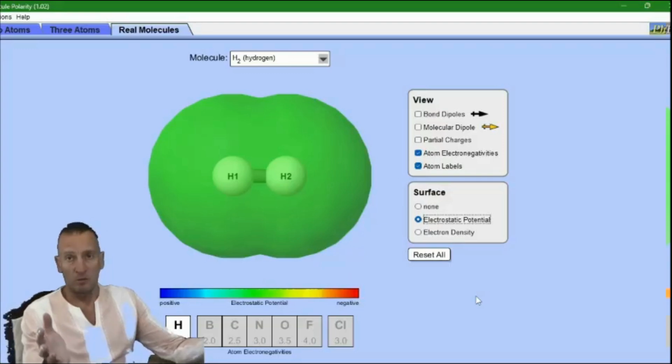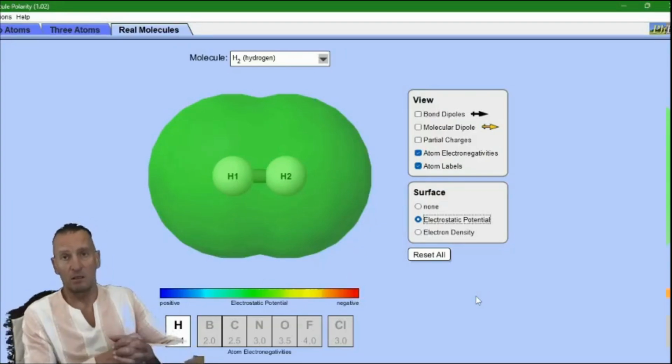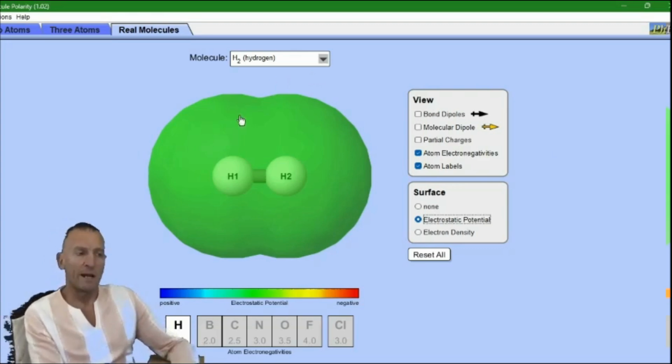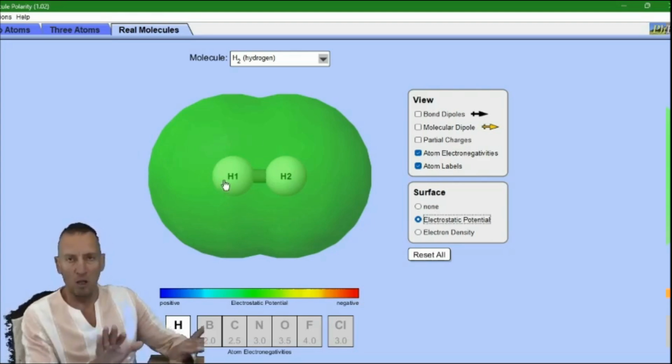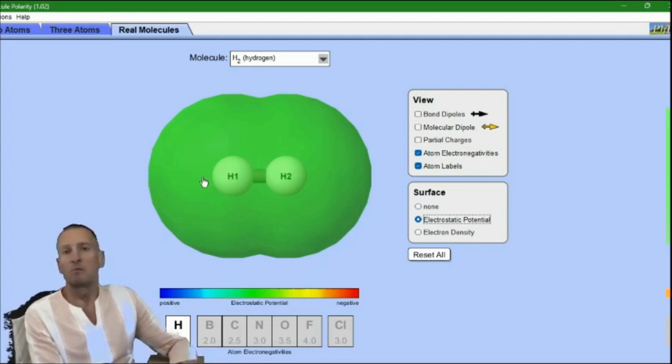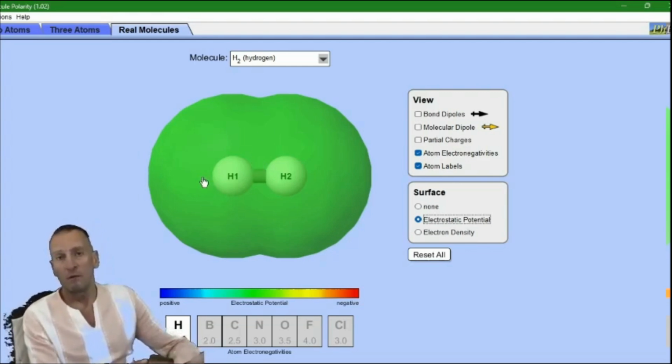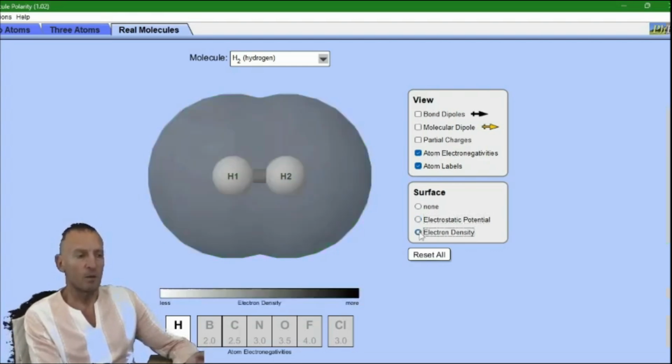Now let me explain again with a nice simulation. Now you've got two hydrogen atoms bonding. The electronegativity is 2.1. You can see that means they're equal. That means the bond is going to be a covalent bond. They're sharing their electrons. See, this is the electrons.